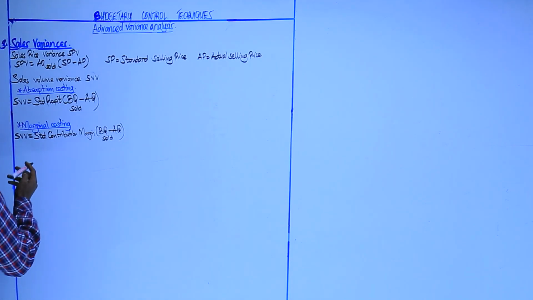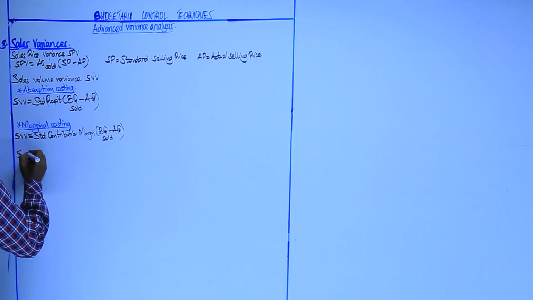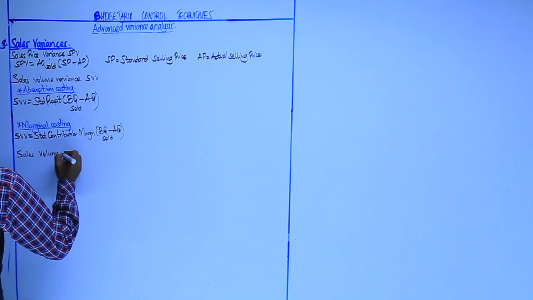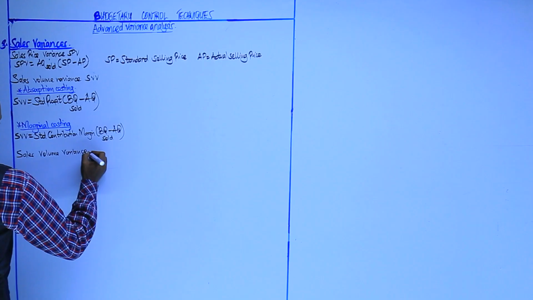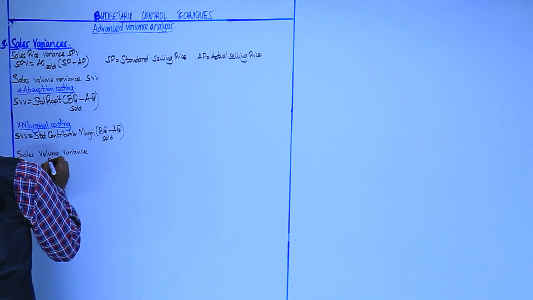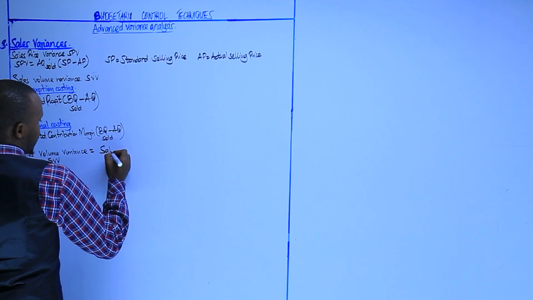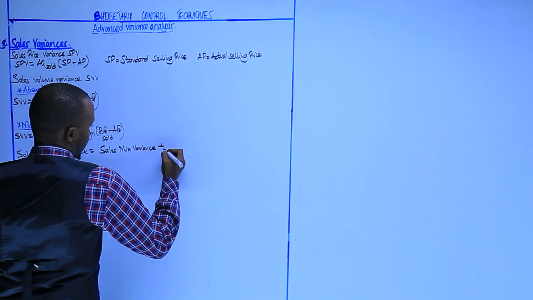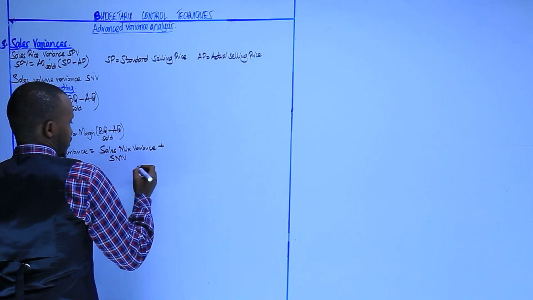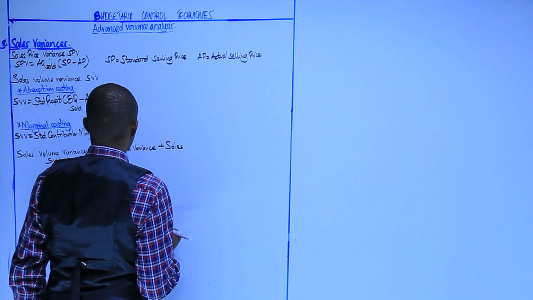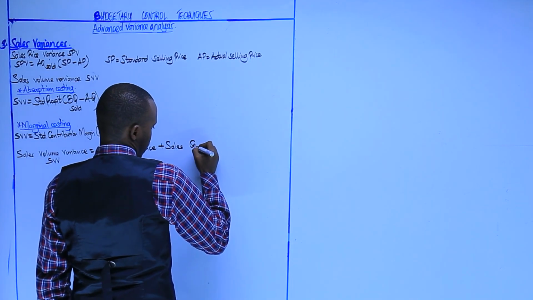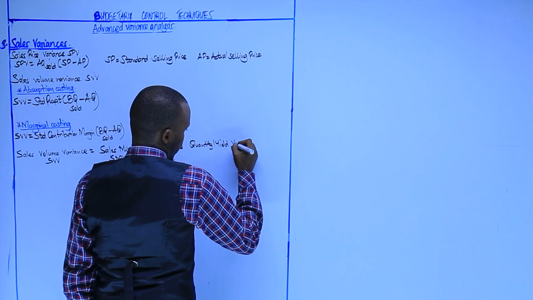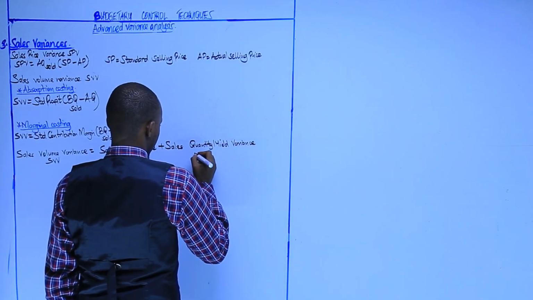So let's start with, say that your sales volume variance, SVV, is equal to your sales mix variance plus sales quantity or yield variances.